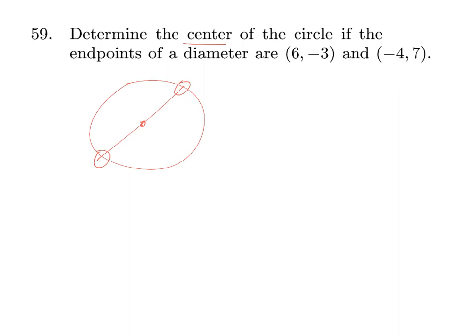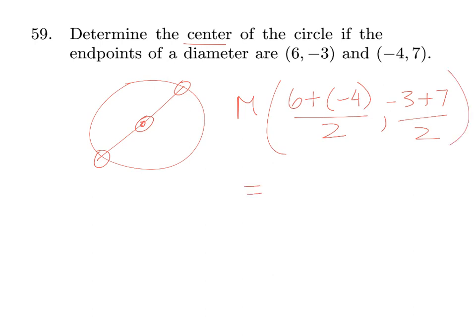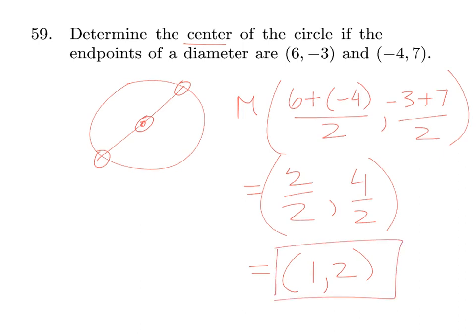I want to find the center of the circle, so that would be the midpoint of the diameter. Using the midpoint formula, I have 6 plus -4 over 2, and then I have -3 plus 7 over 2. So I end up with 2 over 2, and I have 4 over 2. So I end up with 1, 2 for my coordinates. Done.